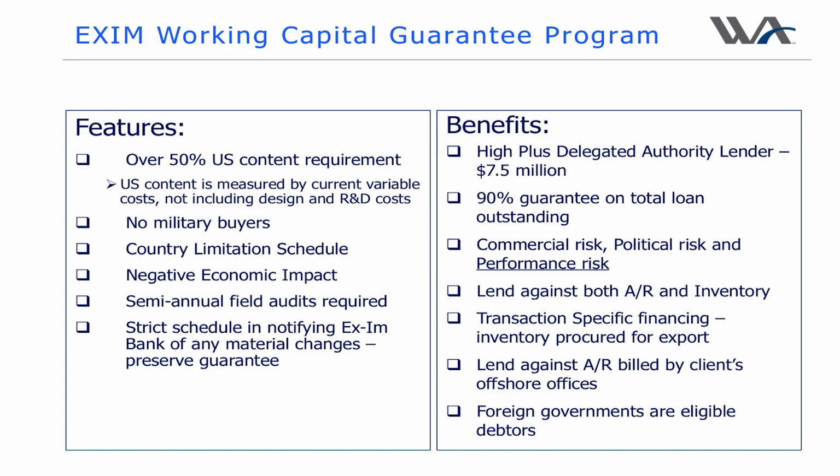What we get is a 90% guarantee against the risk of loss in those lines of credit. And that means from our standpoint that we get a guarantee even if you fail to perform and pay us when you get paid, we can get paid by Ex-Im Bank. What the Ex-Im Bank program allows us to do is to lend to you at very favorable advance rates.